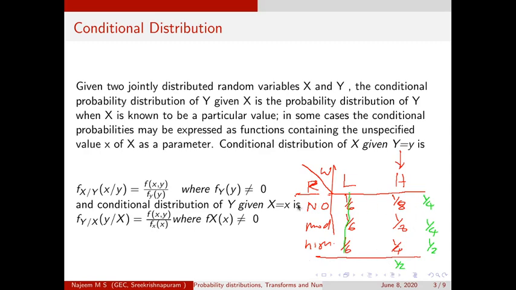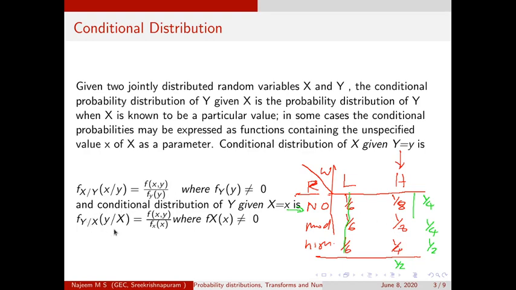Likewise, we can also calculate what will be the probability of low rain and high rain if there is no wind. In a similar fashion, we take the row and sum row-wise to get the marginal distribution and divide each element. So that is the equation for conditional distribution: f of x given y equals f of xy divided by f_Y of y, that is joint distribution divided by marginal distribution, which is what we did.